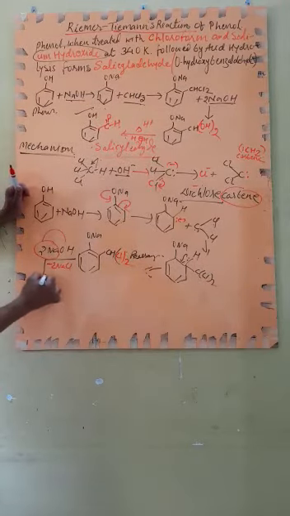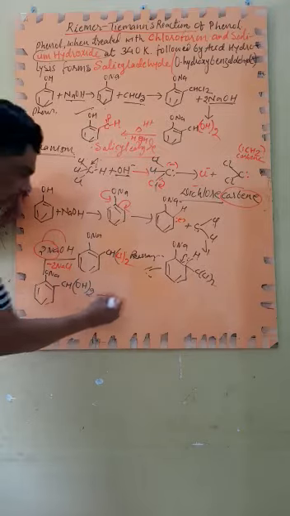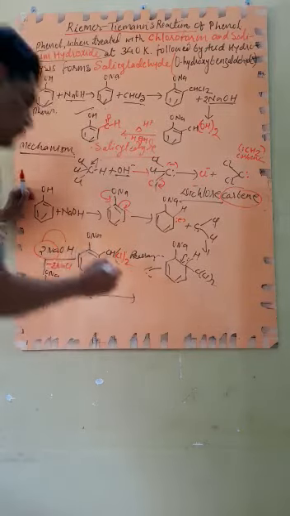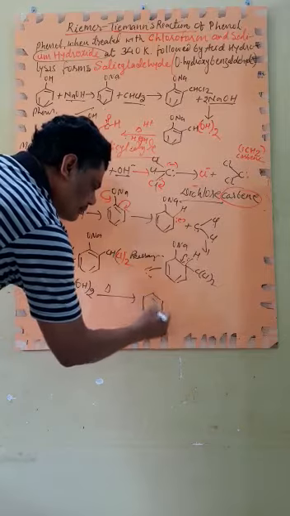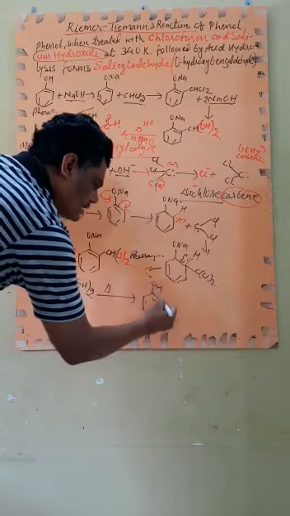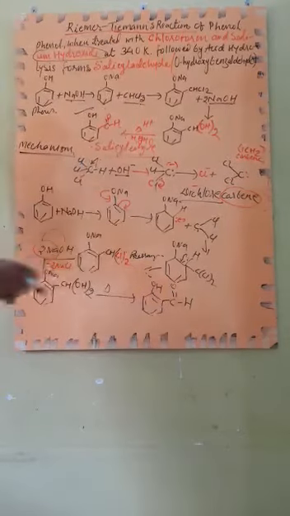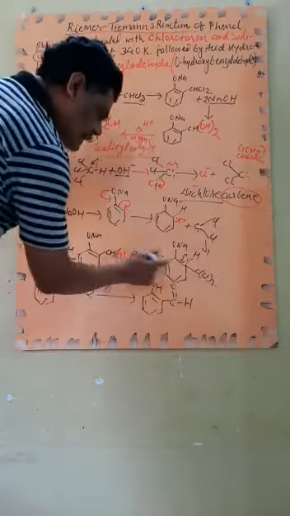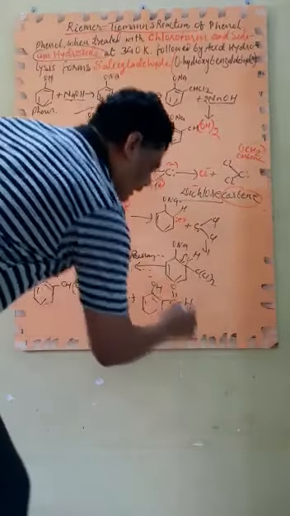This is ONa and CH(OH)2, which on heating will convert into the final product. This is OH and this is C double bond O H. Now that is what? Salicylaldehyde. Getting? The compound is salicylaldehyde. So this is our final compound.